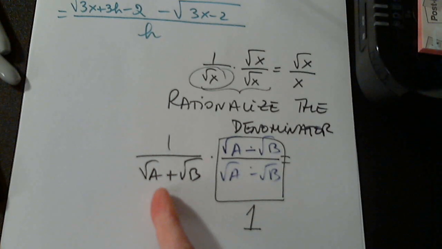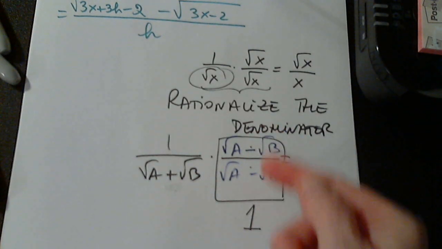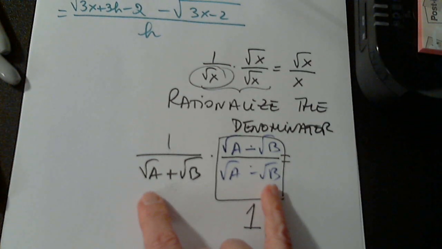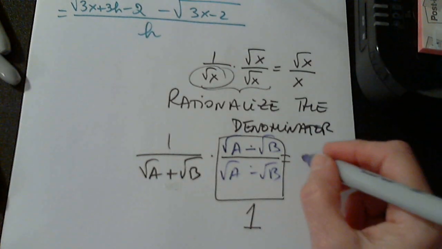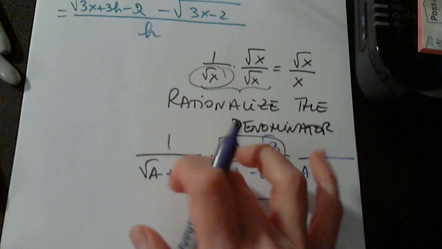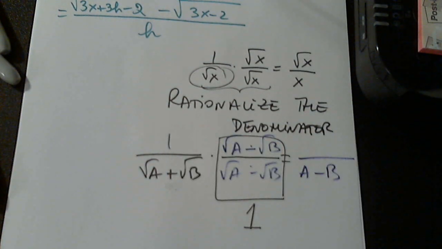Of course, if the denominator has minus, then we need the conjugate with a plus. Why? Because this product gives us the difference of squares. First term squared minus the second term squared. And that's how we eliminate the radicals in the denominator or the numerator.